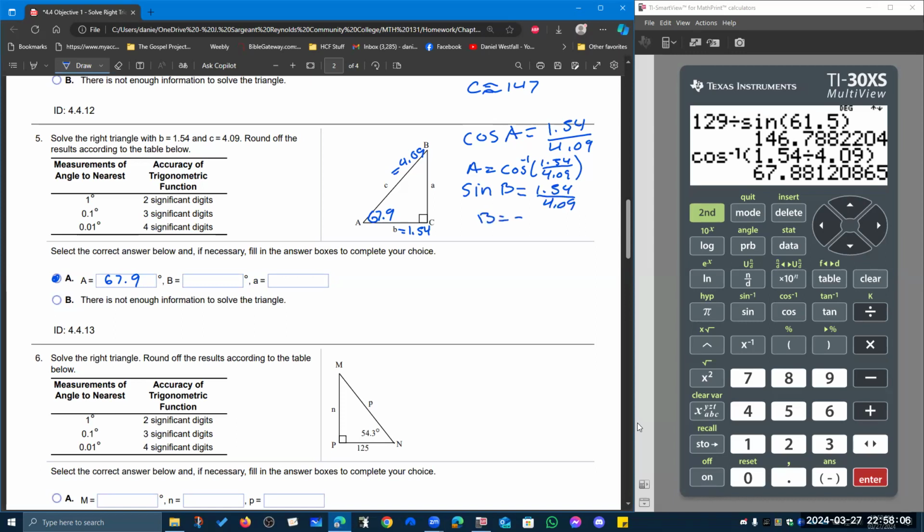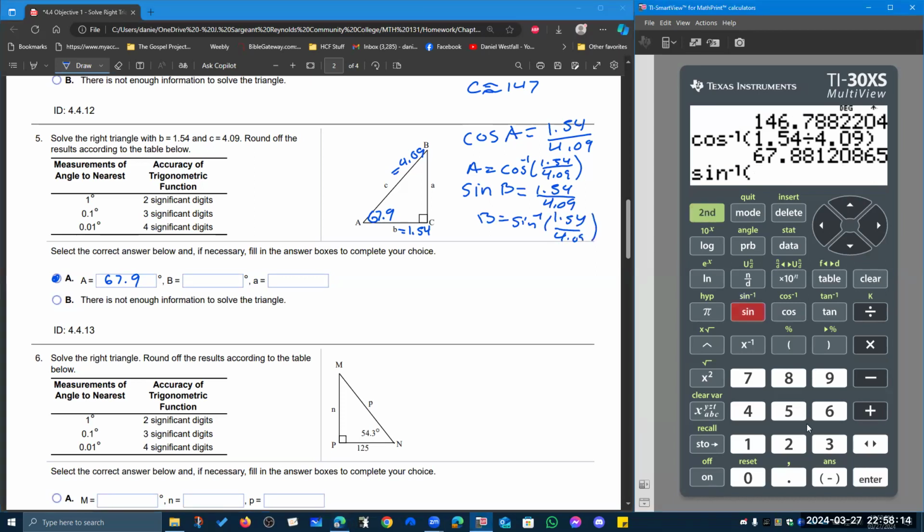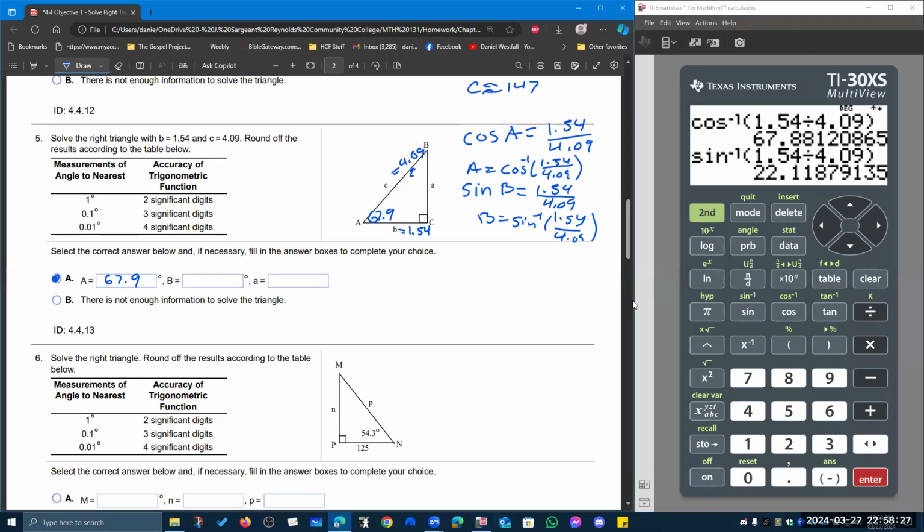So B is equal to the arc sine of 1.54 divided by 4.09. We should get the complementary angle here, and we do, 22.1. I just wanted to show you that it doesn't matter which one I find which way, but these two angles need to add together to give me 90 degrees. So I could have taken 90 degrees minus this angle to get this one, or 90 degrees minus B to get A.